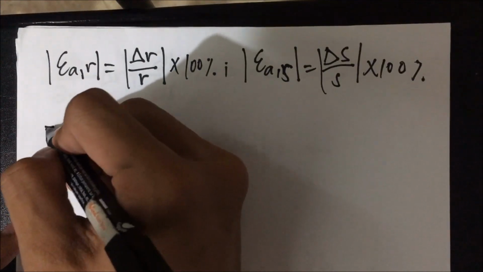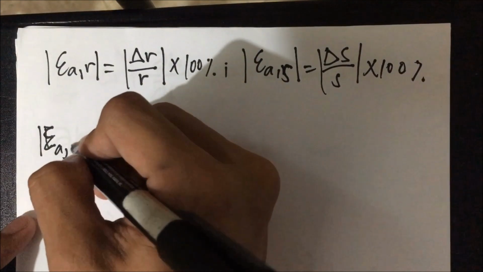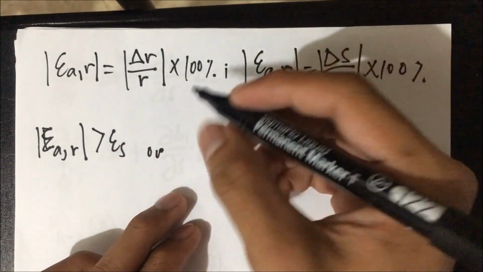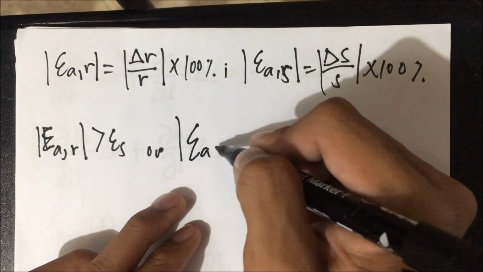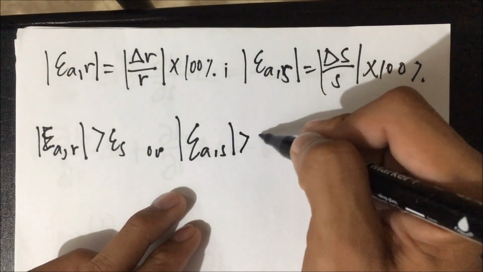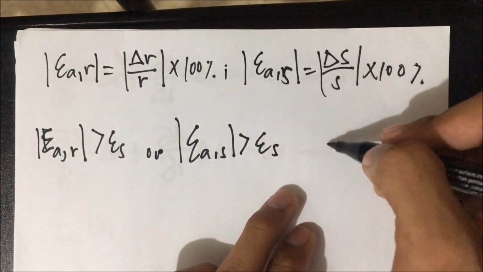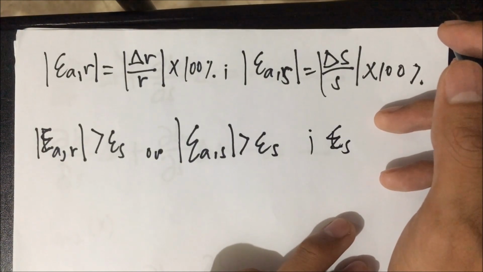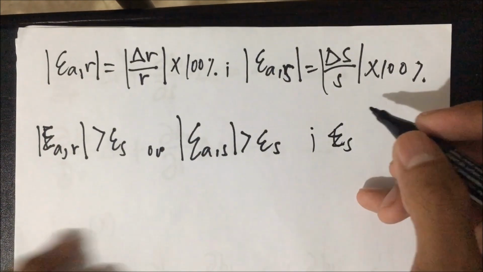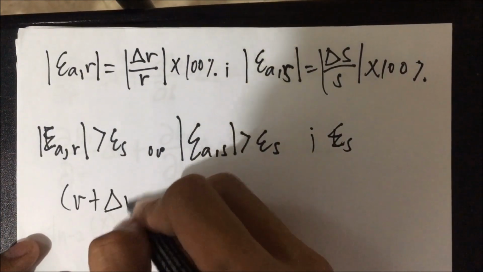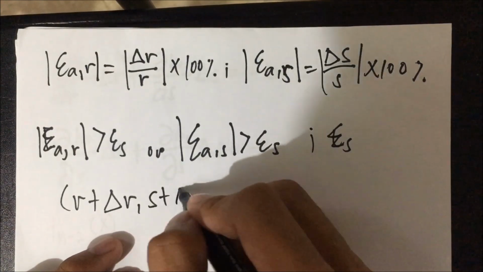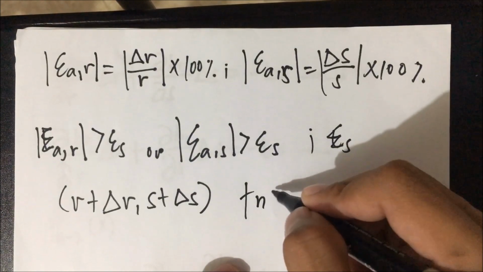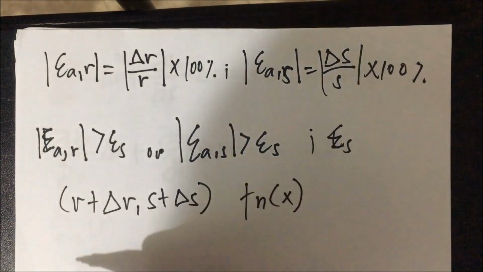If absolute value of E sub A R is greater than E sub S, or absolute value of E sub A S is greater than E sub S, where E sub S is the iteration stopping error, then we repeat the process with the new guesses of R plus delta R, S plus delta S. Otherwise, the roots of f sub n of x can be determined by the quadratic formula.